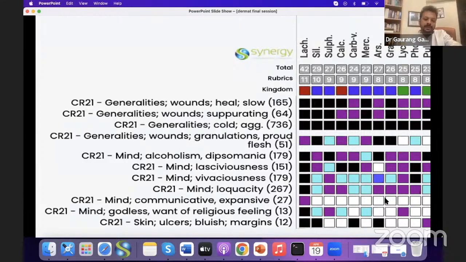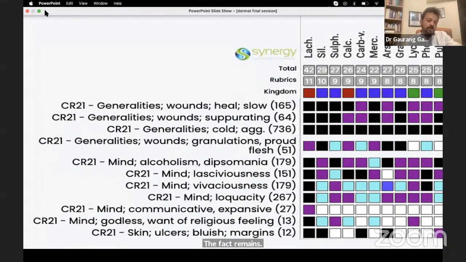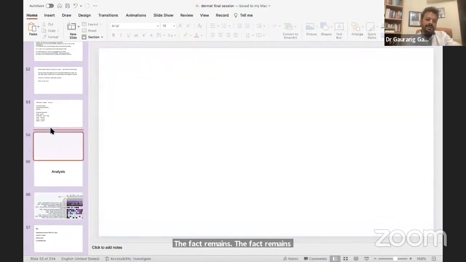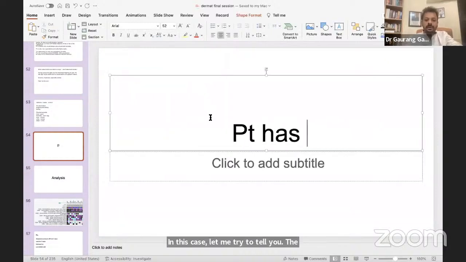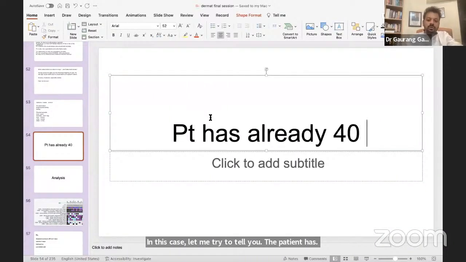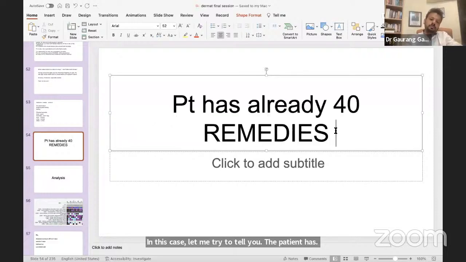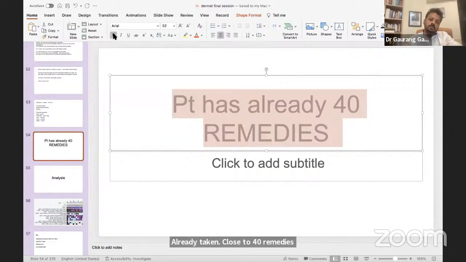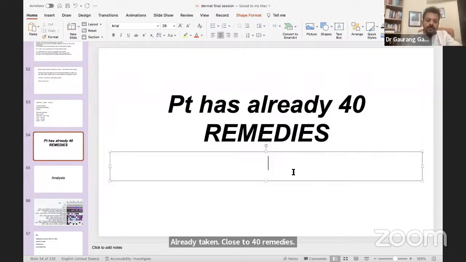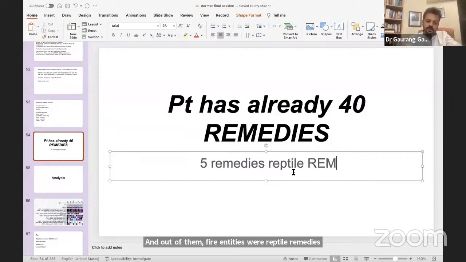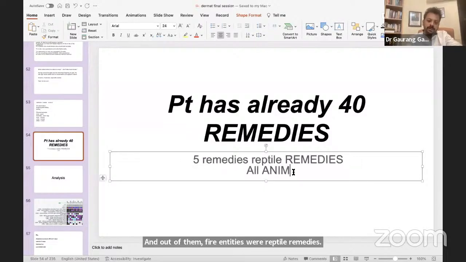The fact remains that in this case, let me tell you, the patient has already taken close to 40 remedies. And out of them, five remedies were reptile remedies, and almost all of them were animal remedies.